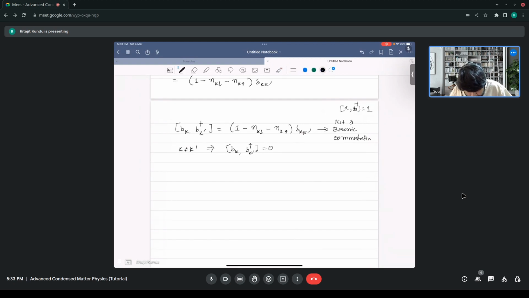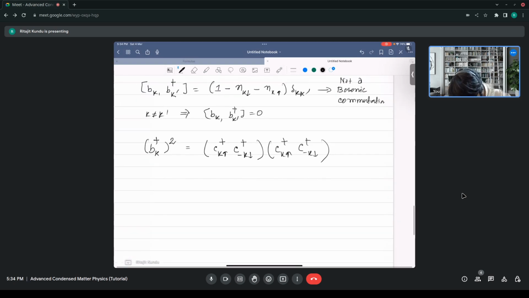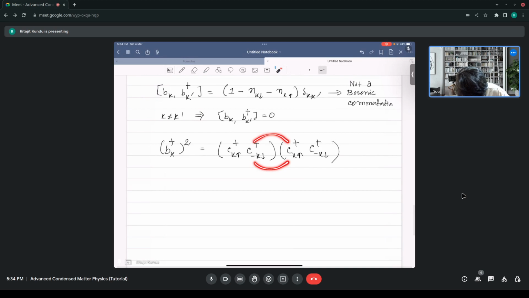So let us try to calculate this kind of an operator. Let's say BK dagger squared, okay? So let's try to evaluate it. It is CK up dagger C minus K down dagger times CK up dagger C minus K down dagger, okay? Now when you write this expression, you see that you can actually do one exchange. So let's exchange these two creation operators, so I'll get a minus, but that's fine.